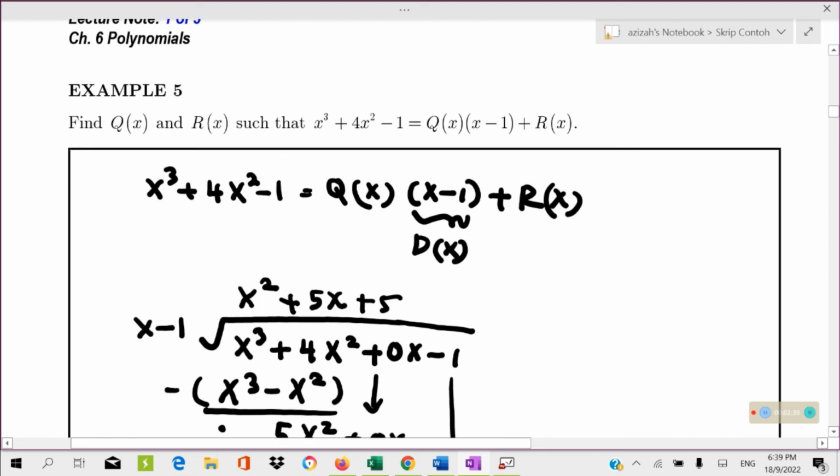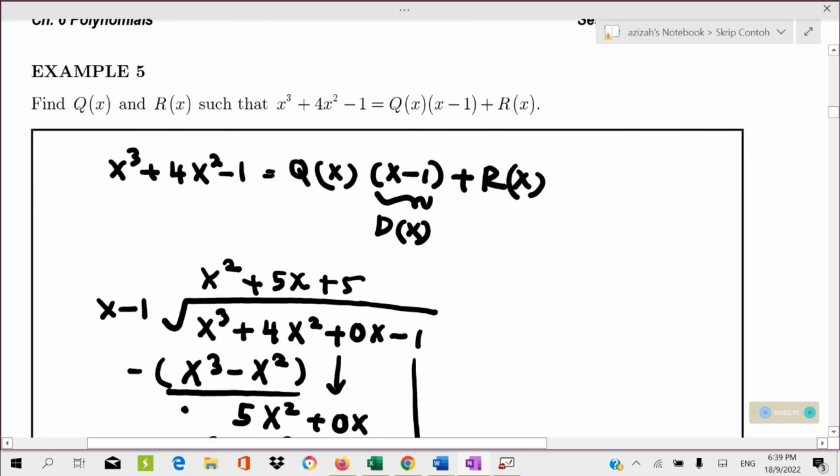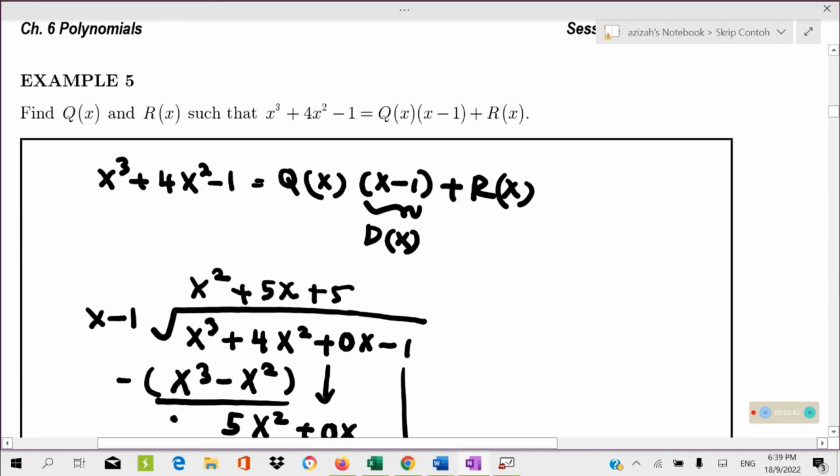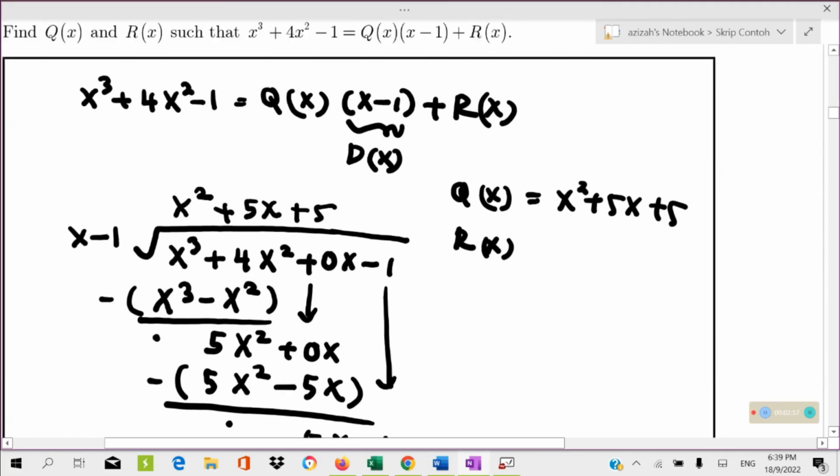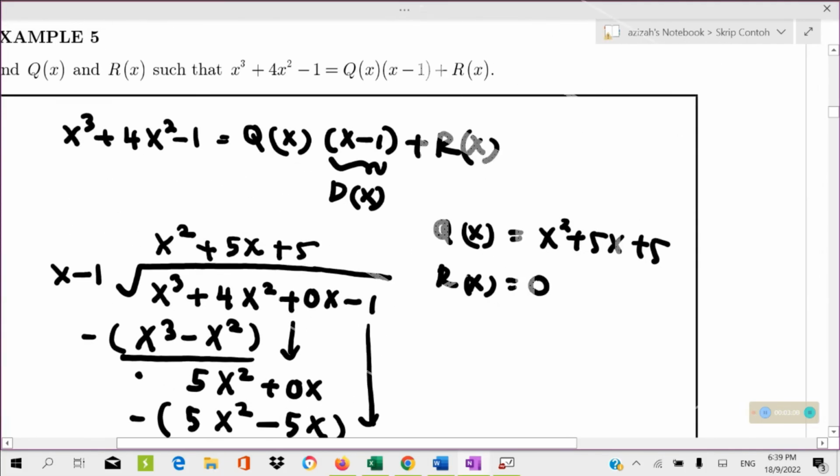So from the long division, we know that Q(x) is x squared plus 5x plus 5, and R(x) is 0.